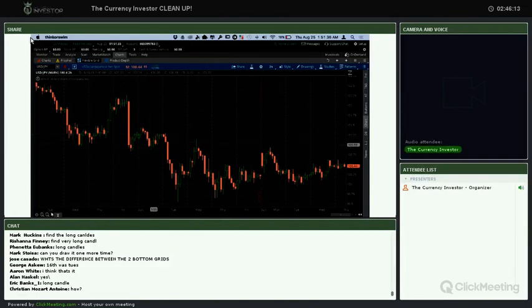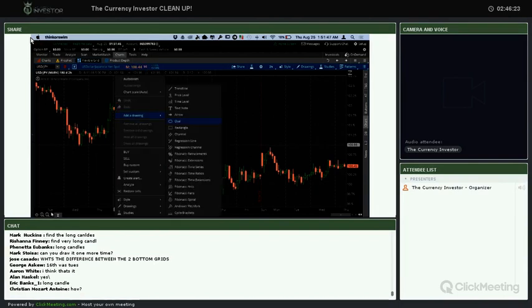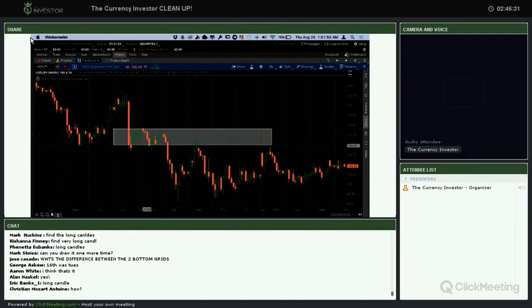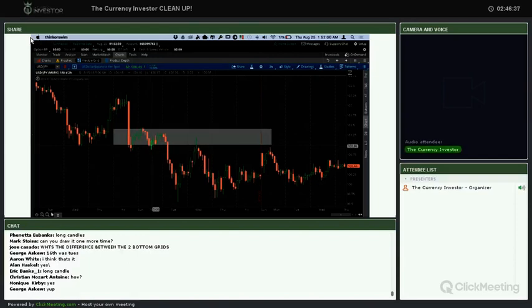So this is the 15th right here. So guys, you see how we have our M pattern right here? We have our broken level of support right here. We got the drop, the retrace back up.